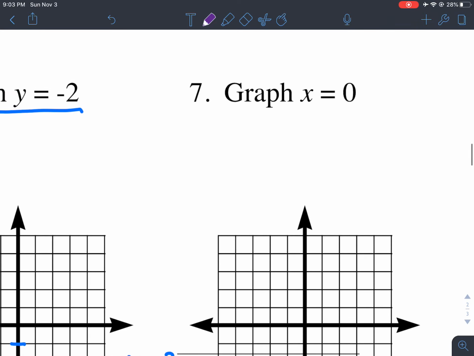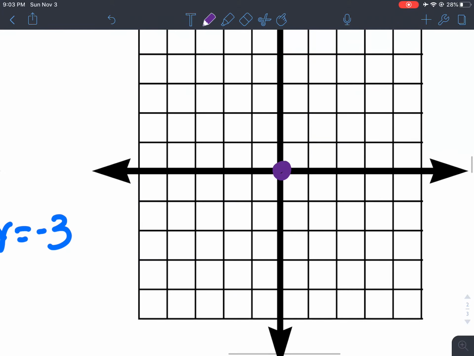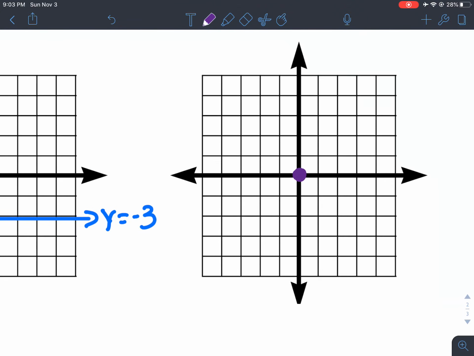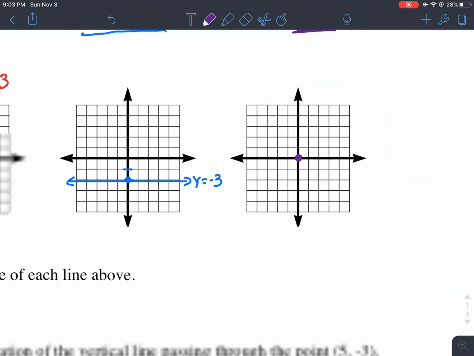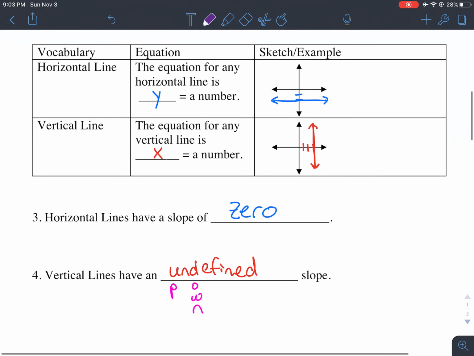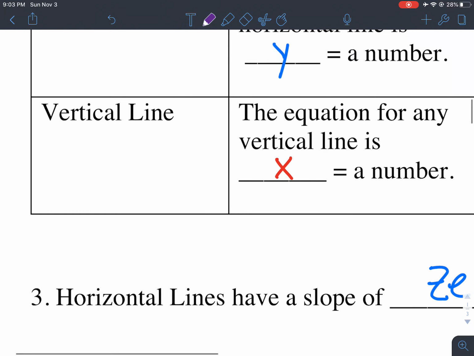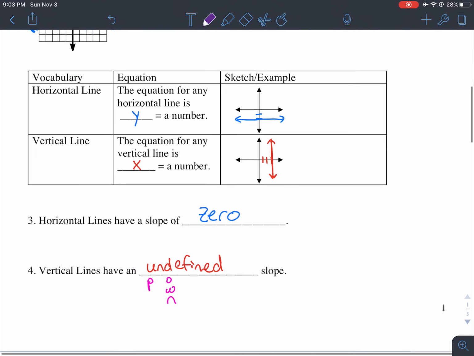Okay. This one says graph x equals 0. So I'm going to go from the origin 0. Now, it's not clear just from that whether I have to draw a vertical line or a horizontal line. So that's when I go back to this table and I see that vertical lines will have the form x equals a number.